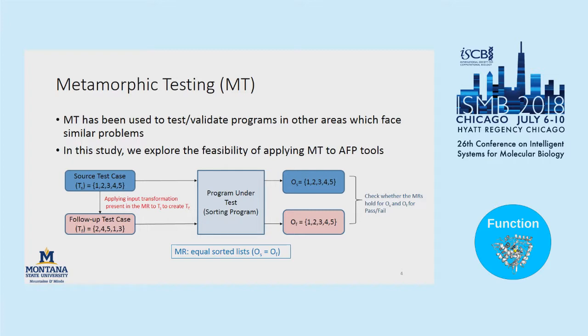As an example, if the program under test is a sorting program that sorts a list of integer values, by executing the program with a source test case, we will get an output. And then by randomly permuting the source test case, we will have another test case, which is called a follow-up test case. By feeding the follow-up test case into the program, we will get another output.